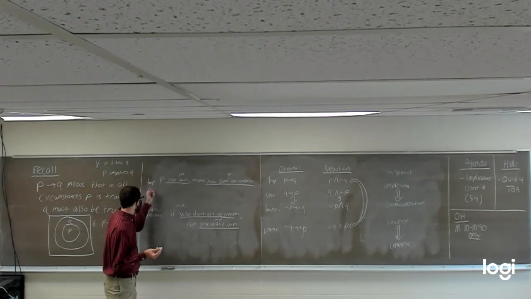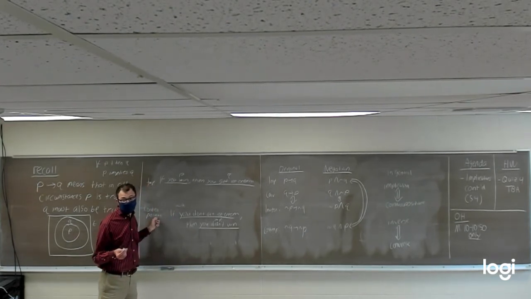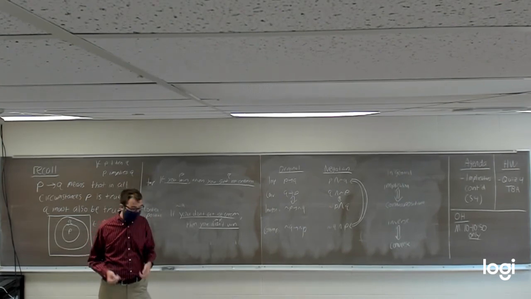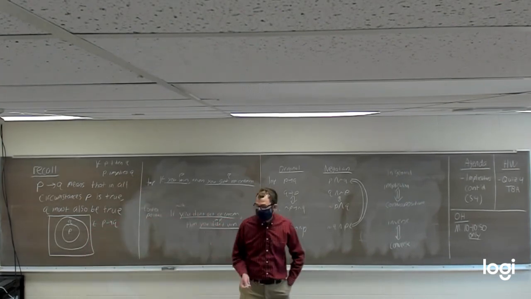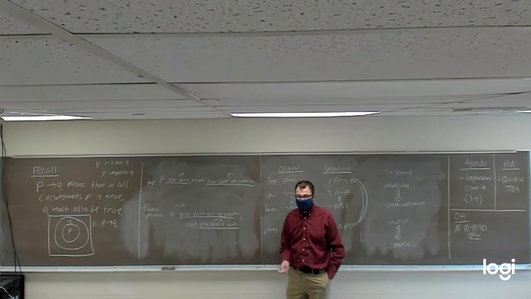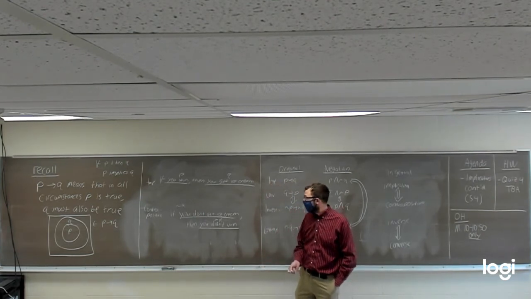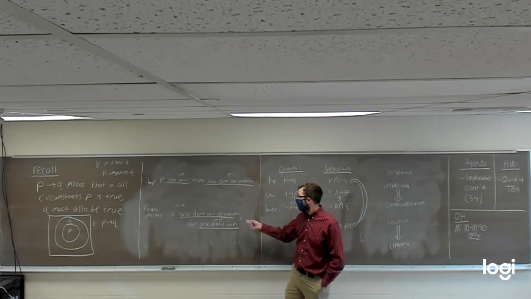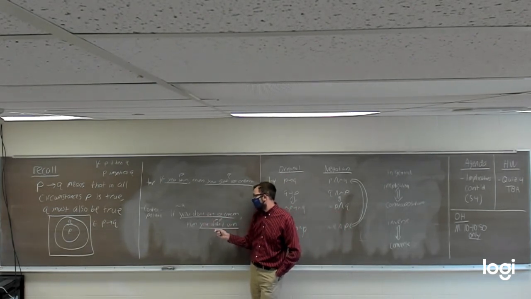That would make both the implication and its contrapositive true. I guess my question is that in the original implication, you're able to get ice cream without winning. Yes. But in the contrapositive, it seems like you're not able to get ice cream unless you win. Well, if you don't get ice cream, then you didn't win.